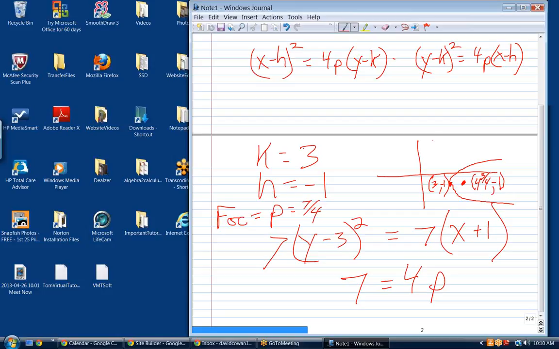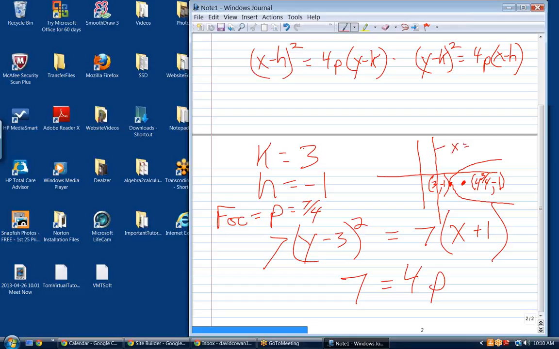Yeah. Okay, the directrix is perpendicular to the line of symmetry of this horizontal parabola. And so it's going to be the same distance from the vertex as the focus is. So what is the equation of this line?